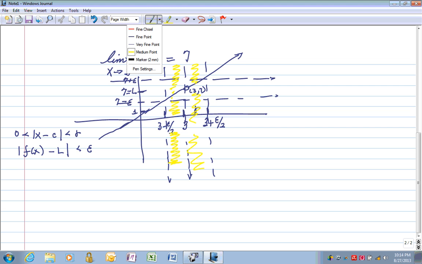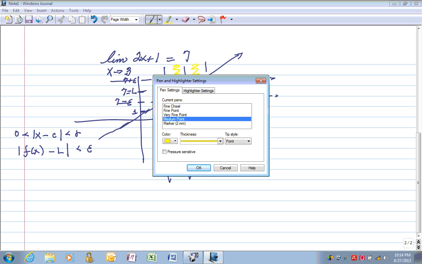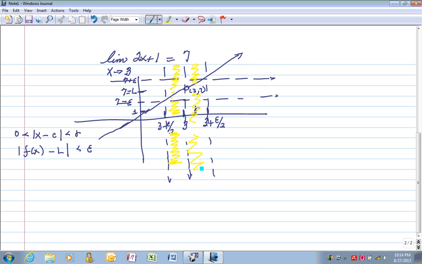And with another pen setting, changing that up a bit, we have another color. Let's go to a light blue. And we have L equals 7. Now, do you see how that 7 signifies that the limit equals L? You see c is deleted at 3.